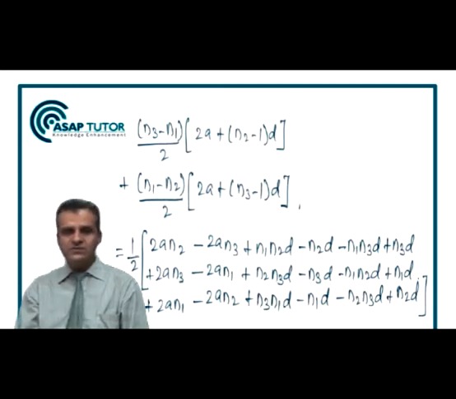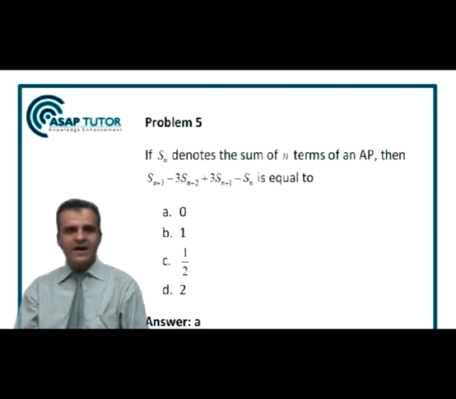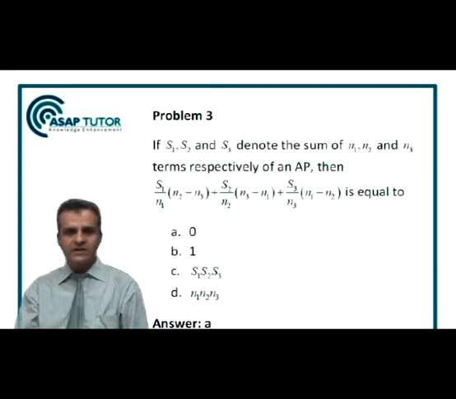Now all these terms will get cancelled out. This 2a and 2 is there, similarly 2a and 2 is there, and similarly 2a and 1 is there, and 2a and 1. So all these terms will cancel out, and finally we get the solution as 0. So therefore the correct answer is A.